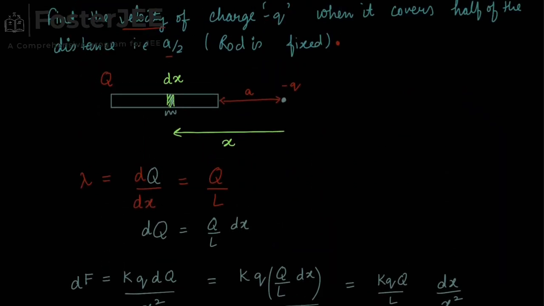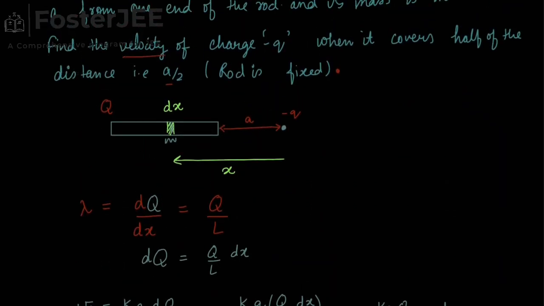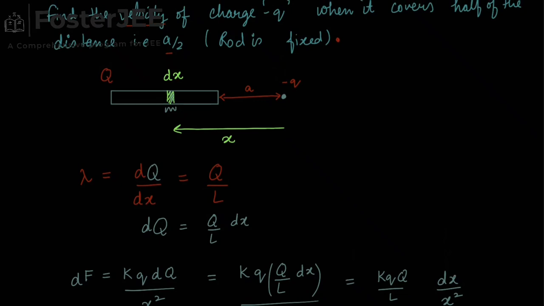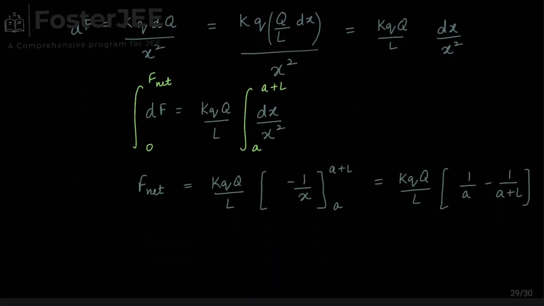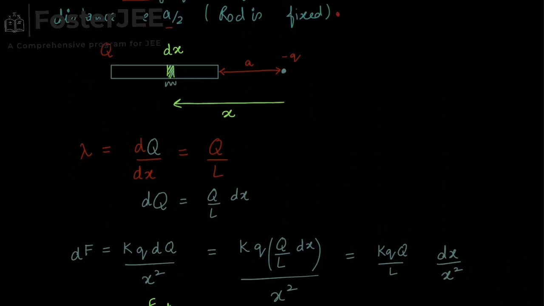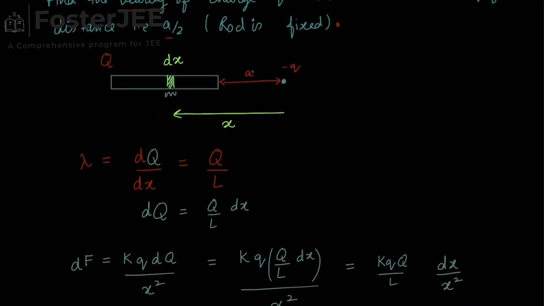Now there's a catch in this problem. We are able to get the force of attraction between these two bodies when the distance between one end and the particle is a. But now let us suppose this distance is some variable, that is s. Why?